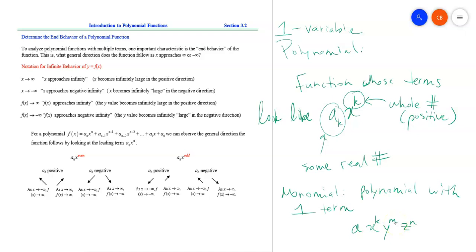This would be a polynomial, and in particular it would be a monomial because there's only one term over here, provided that these powers, the k, m, and n, I should say, these all have to be positive whole numbers, and this coefficient in the front has to be a real number.